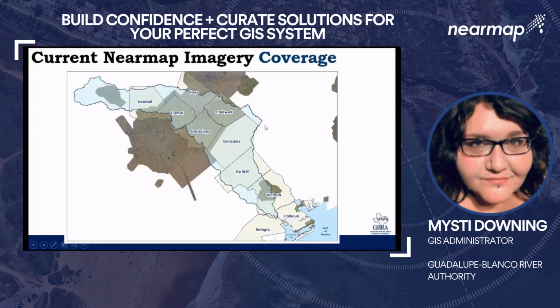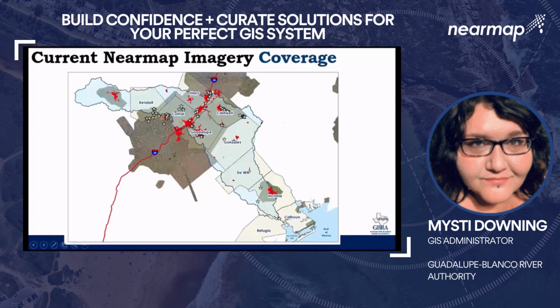But along the corridor of 35, which is where a lot of our facilities are, they fly 3 times a year. So that relevancy, that up-to-date imagery is really helpful. And then the high resolution is incredibly helpful. And I'm going to show some examples of that.